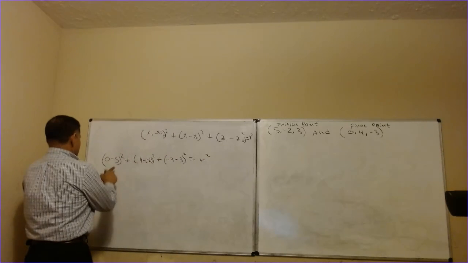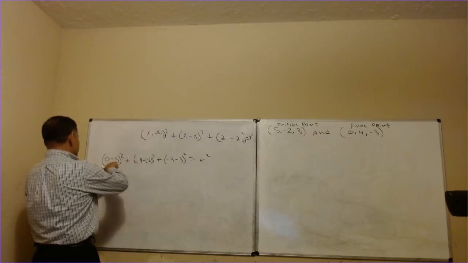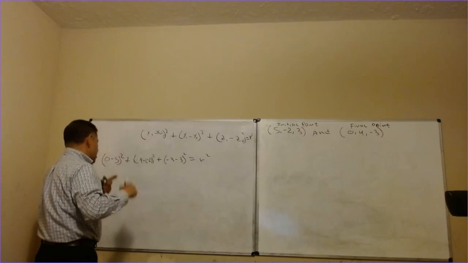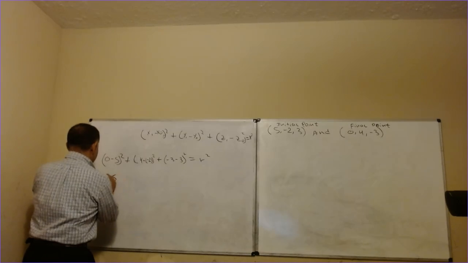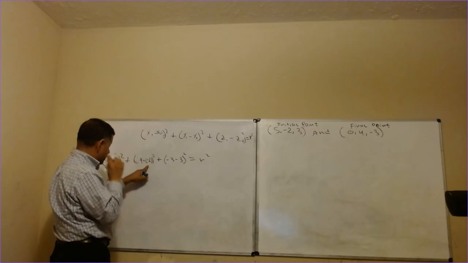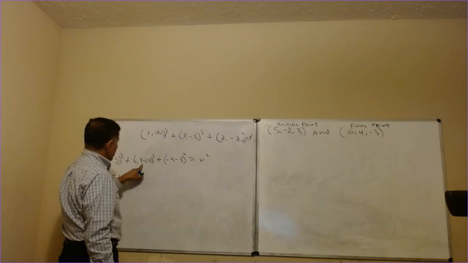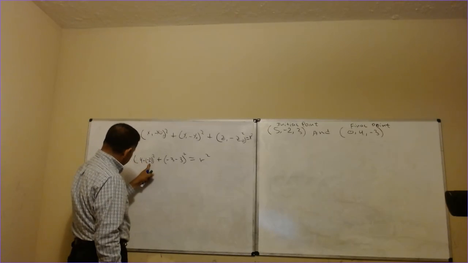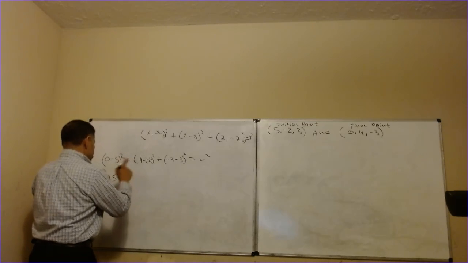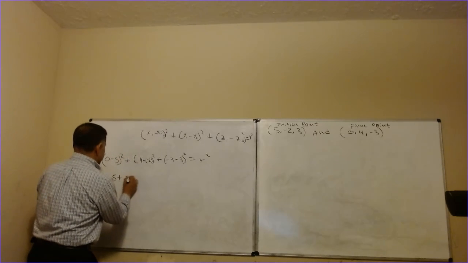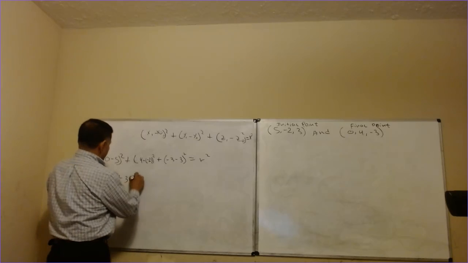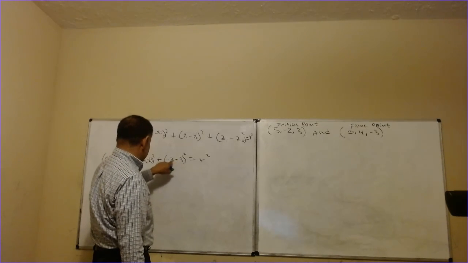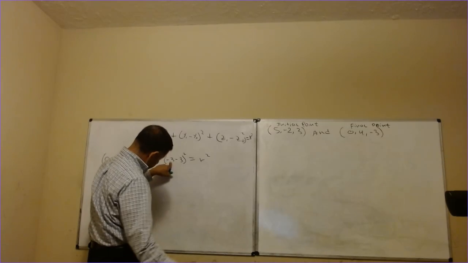Okay, let's do the math. So this is going to be negative 5 squared, which is 25, plus 6, right? 6 squared is equal to 36, plus negative 3 minus 3, which is negative 6.